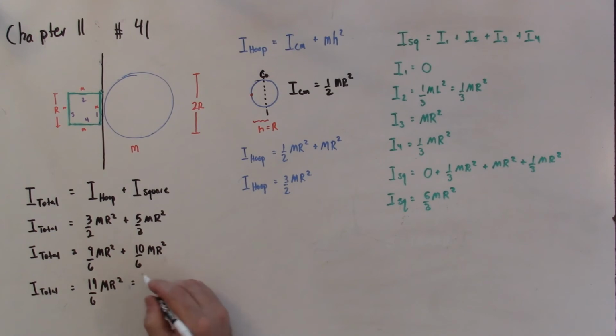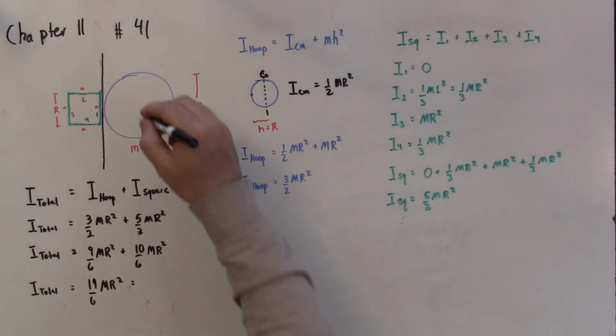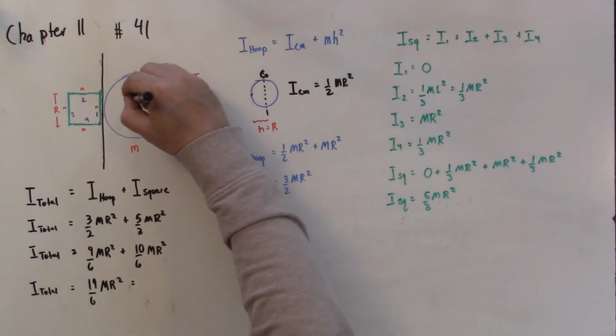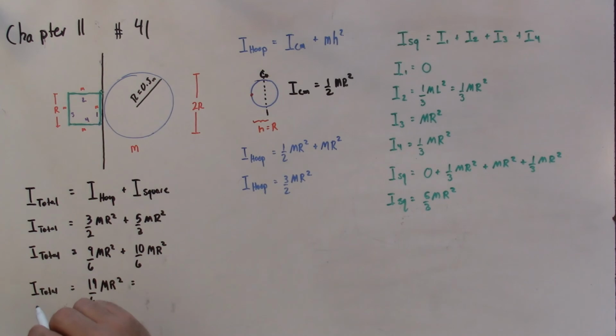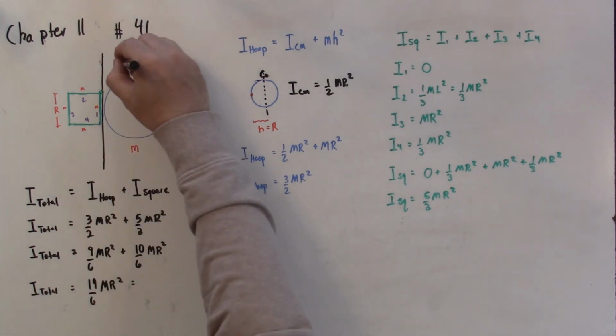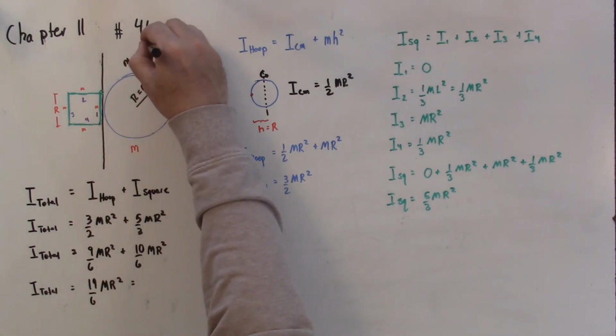So the total is 19/6 mr squared, and in the problem they give us some values actually. I didn't write them in, but it tells us that, trying to find it, hold on. The radius is 0.5 meters, and m is equal to 2 kilograms.